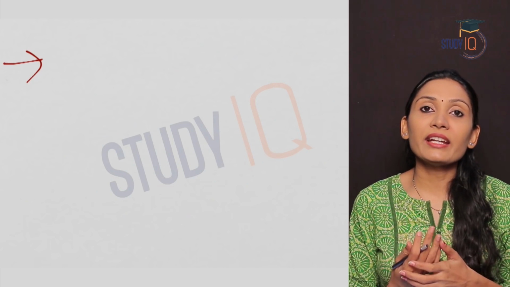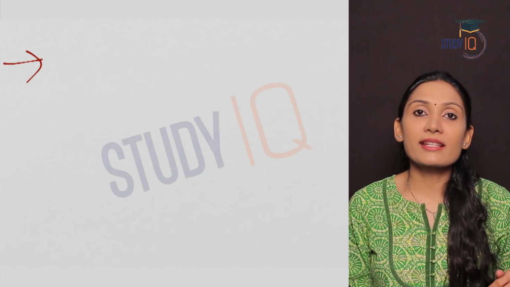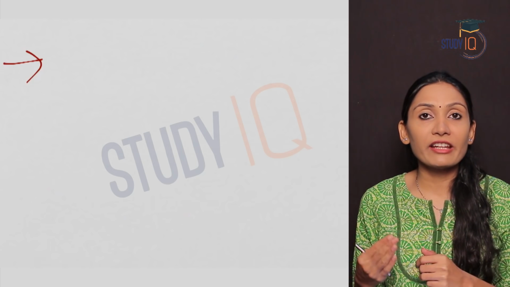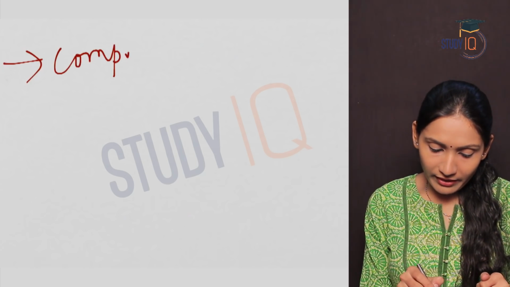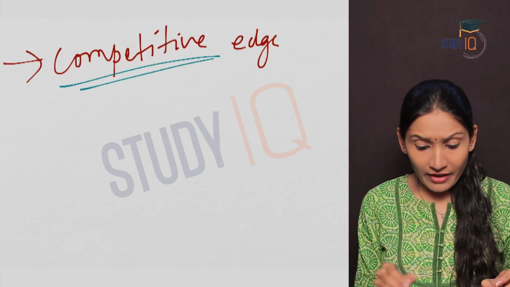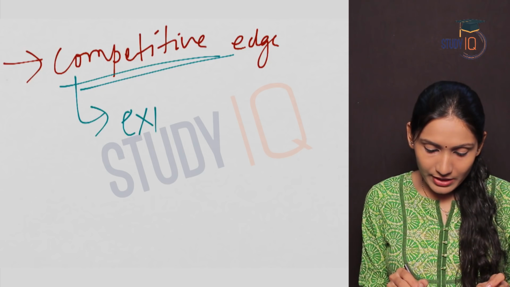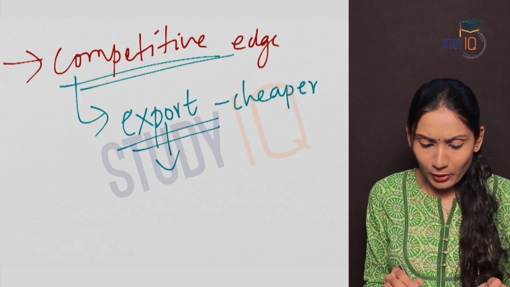Secondly, the RBI can devaluate the currency if the RBI feels that Indian goods and services need a competitive edge in the world market or global economy. So in order to give a competitive edge. How is this possible? We have seen that during devaluation, exports become cheaper and exporters gain.